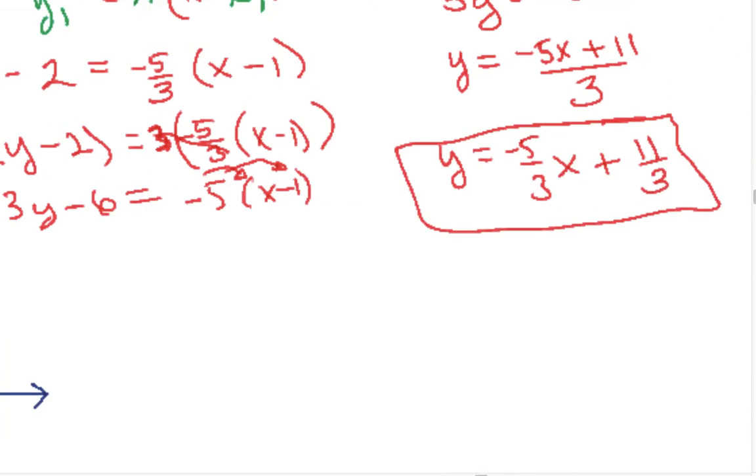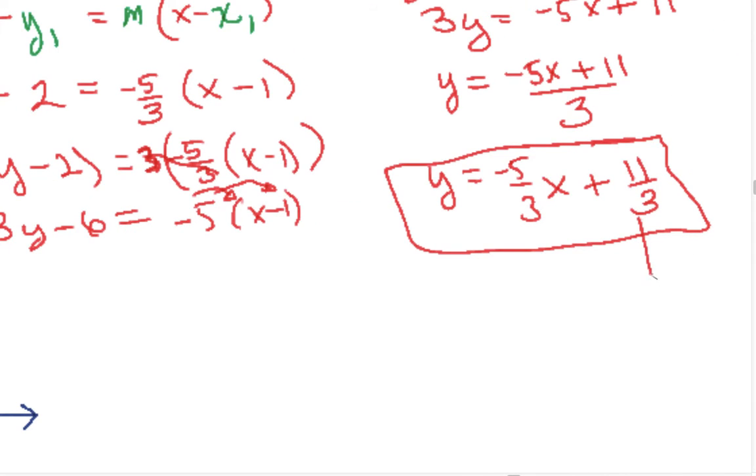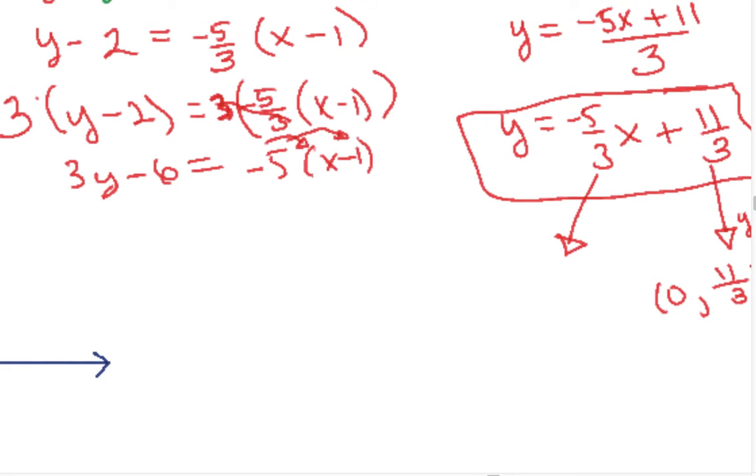So if I were graphing this, this is the y-intercept. So that means because it's the y-intercept, we have that point on the graph, 11/3. Okay, and then this is the slope of the line. And for slope, what we do is if we have a positive slope, it's up, then right.